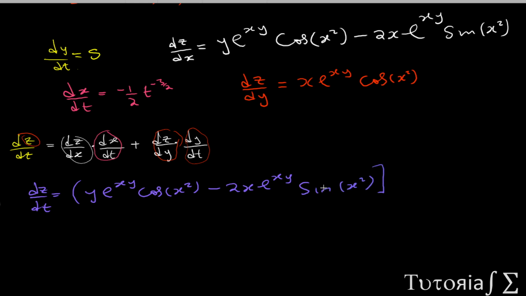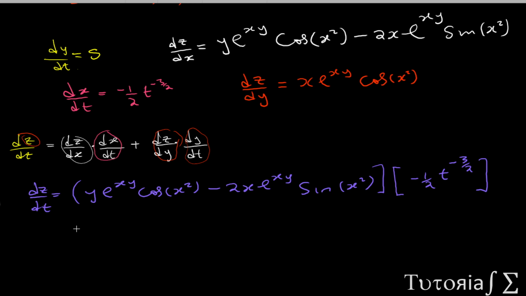Then we close the brackets. Then we write our dx with respect to t. So x with respect to t is here. We also put that in brackets. So that is negative 1/2 t^(-3/2). Okay, so we close the brackets. That is dx/dt.